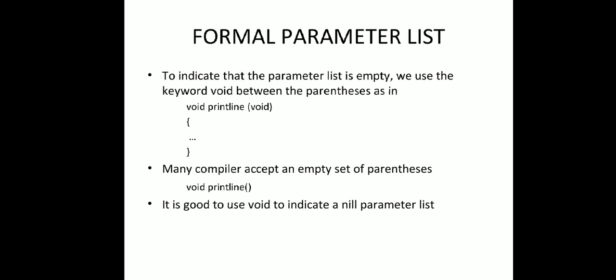It is good to use void to indicate a nil parameter list. Our C compiler in the lab, GCC, accepts empty parentheses, so you don't have to specify it explicitly. Even if you don't specify, it's completely fine.